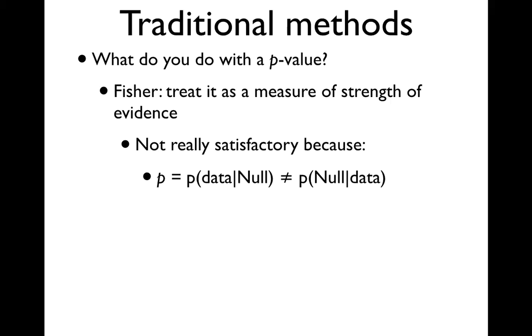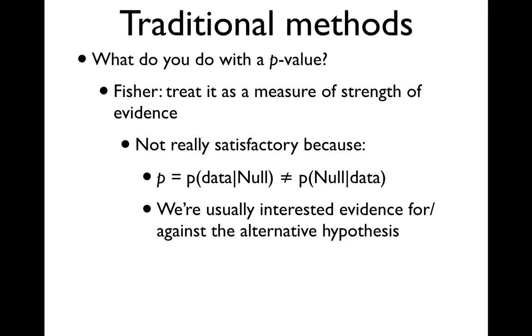So you can't really treat the p-value as a measure of strength of evidence, because we're not really interested in evidence for or against the alternative, we're usually interested in the evidence regarding our hypotheses. We're not interested in the probability of the data given something about the null.